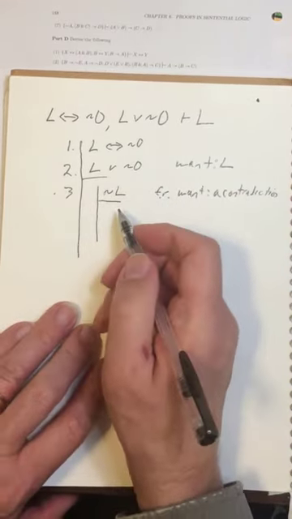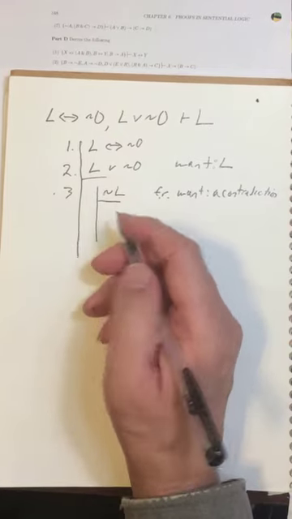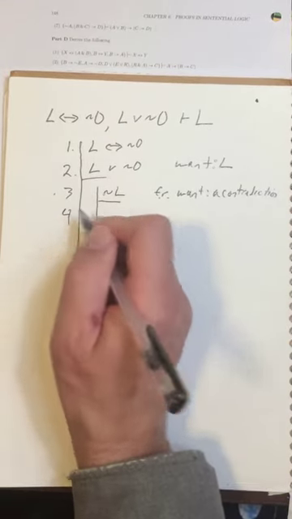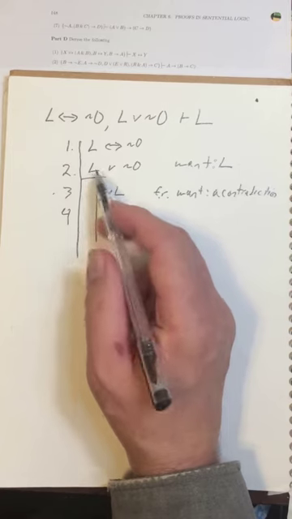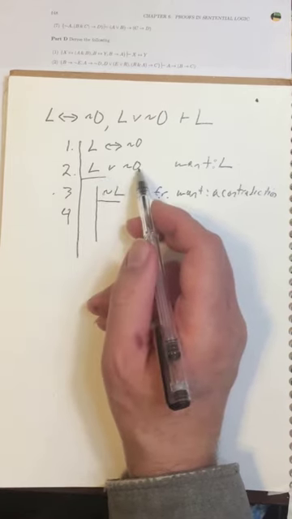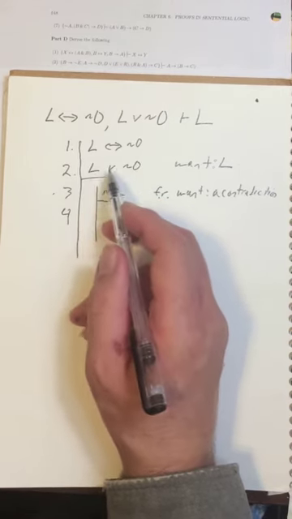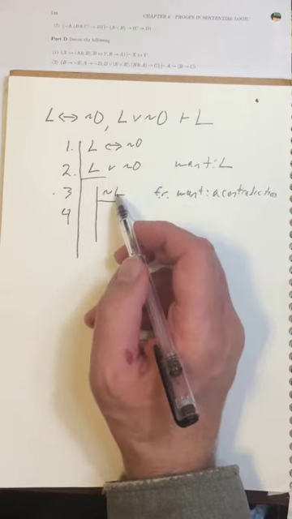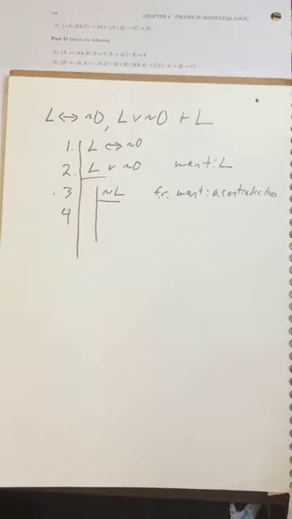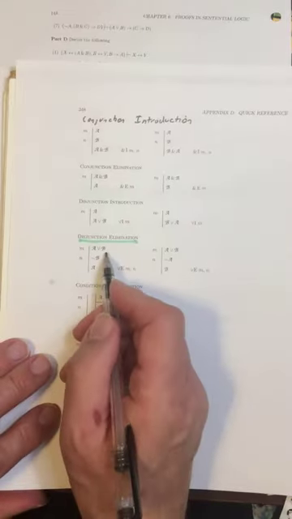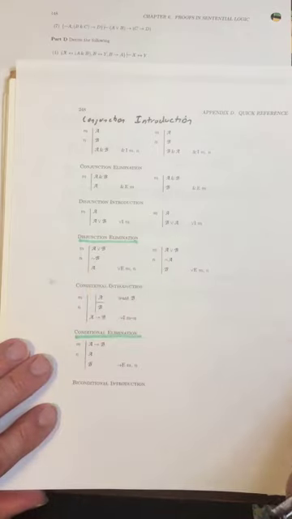So what can you do with the not L? Well, the not L works with this statement here, right? Here we have L or not O, and here we have the negation of the left side of that. So again, that should remind you of the scheme disjunction elimination, right?